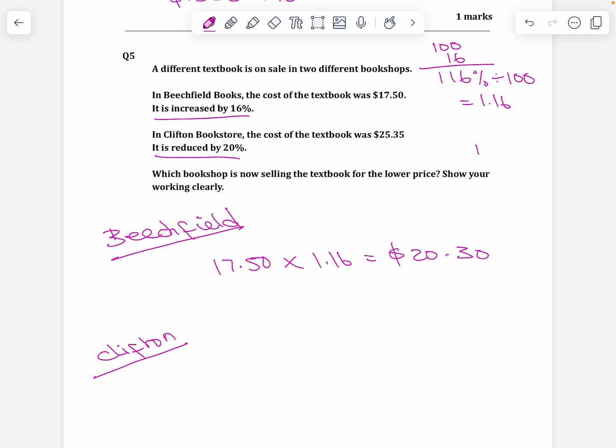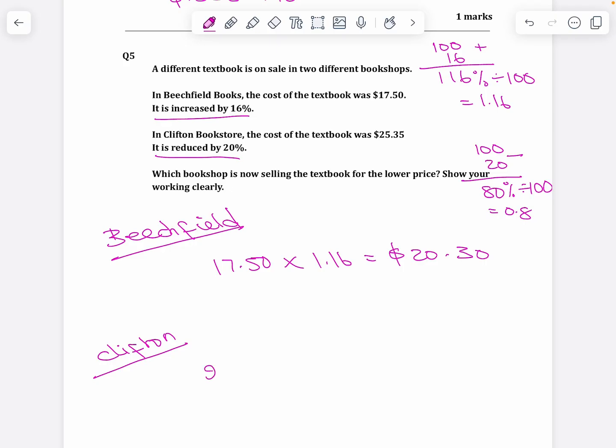So the same thing, we start off with 100%, but because it's a reduction, we are subtracting this time. So we're taking off 20% and we end up with 80%. Turn that into a decimal by dividing by 100, and that gives us 0.8. So to do a 20% reduction, we're timesing by 0.8.